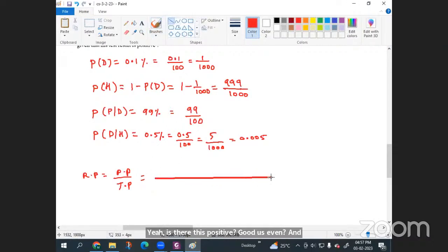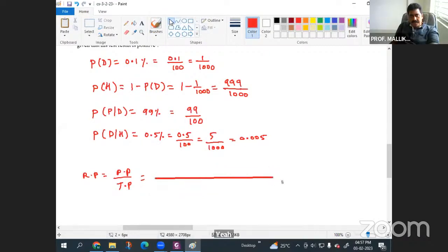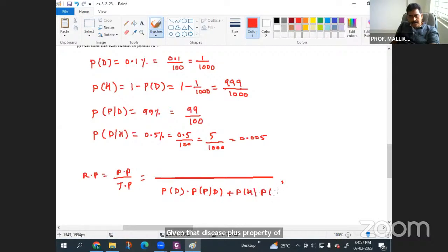Good. Now you are able to choose. Right. What should I write in my denominator? Probability of disease into probability of positive given that disease, plus probability of healthy people into probability of positive given that healthy people.